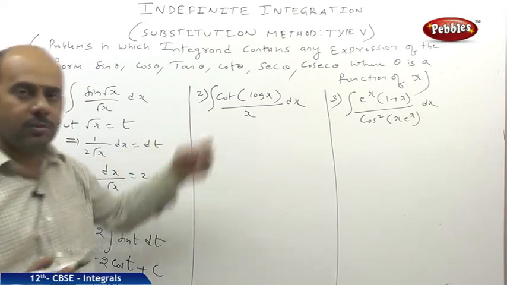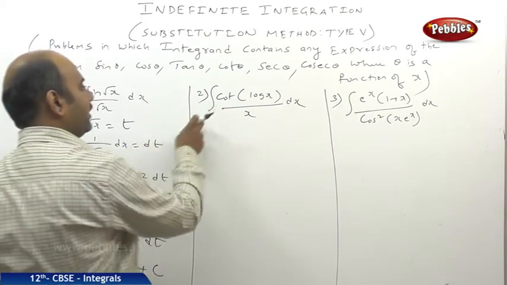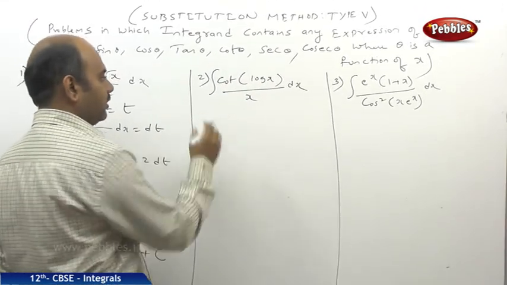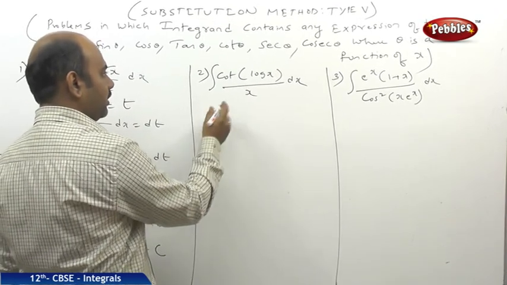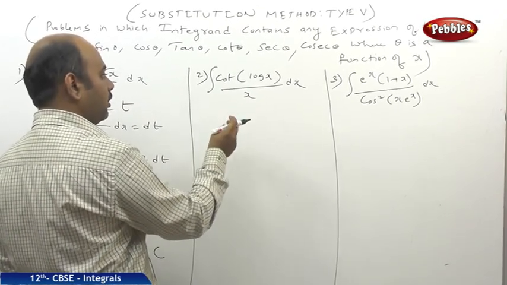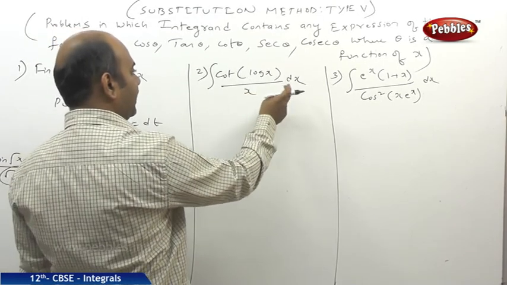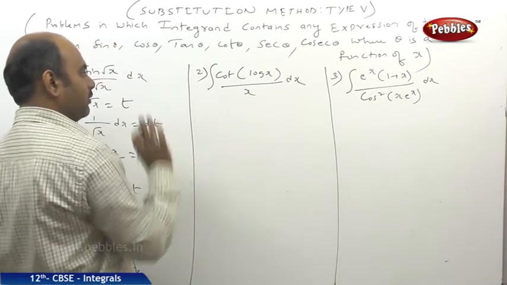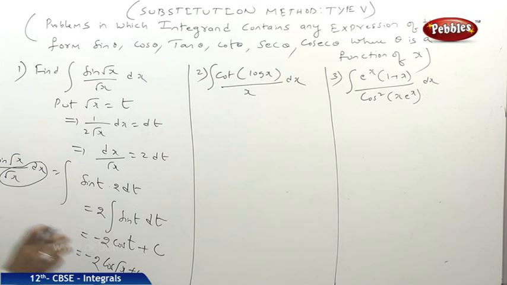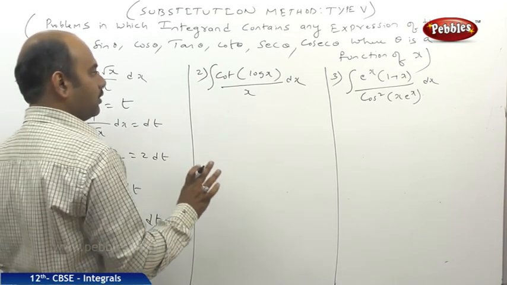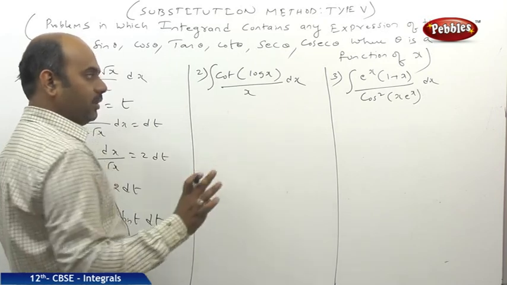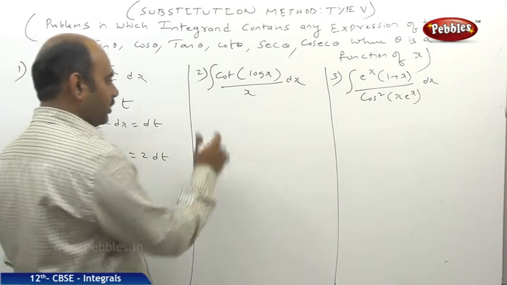So similarly, we will go for the second problem: integral of cot of log x by x dx. So what will I be doing here? We should think twice before applying t for some function. That means substitution should be done very carefully. If I put log x is equal to t, then 1 by x dx becomes dt.